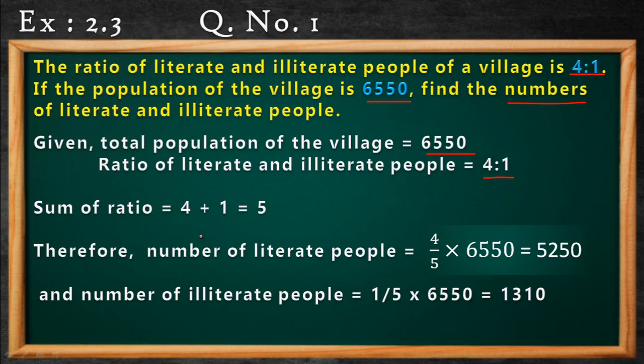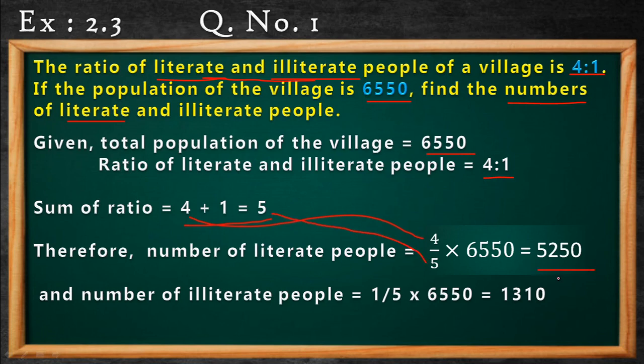The sum of the ratio will be 5, because 4 plus 1 is 5. The number of literate people will be the antecedent, 4, divided by the sum of the ratio, 5, into the total, 6550.